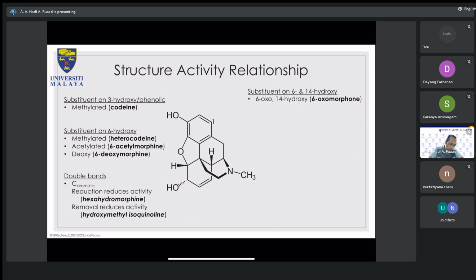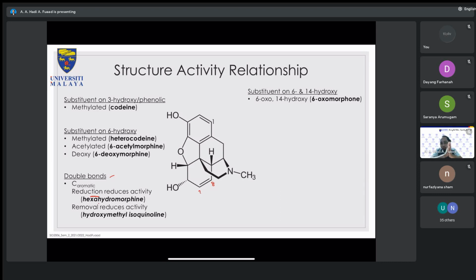Okay, and then we do have double bonds. We have 2 different types of double bonds. One is aromatic, and then we have another one over here on the 7 and 8 carbons. We're going to look at the aromatic first. On the aromatic ring, if you reduce it, it will reduce the activity. Straightforward. If you reduce that one, it's because if you recall, the structure of a phenol is very flat, very straight, it's very rigid.